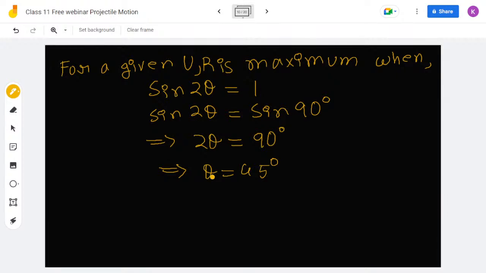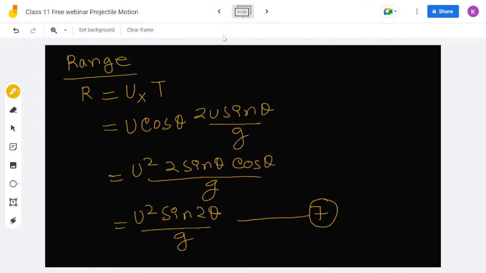So when we throw it at an angle of 45 degrees, taking the value of sine as 1, the range becomes u square by g. So this is the maximum range for the angle of 45 degrees.